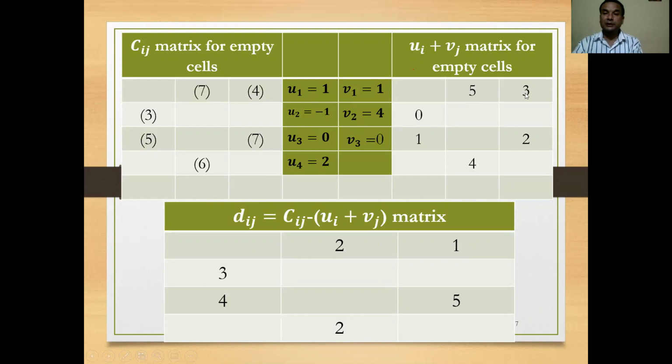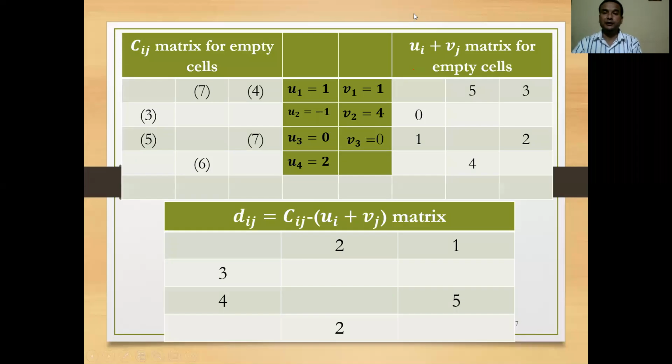This should have been 2, let me make it correct. So V3 is 2, and 1 plus 2 is 3.